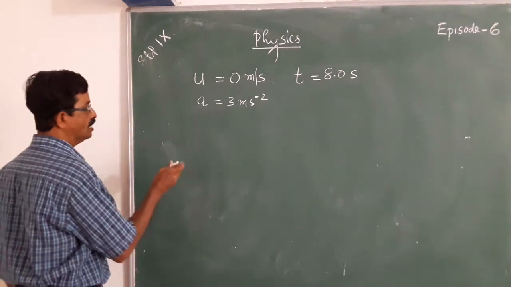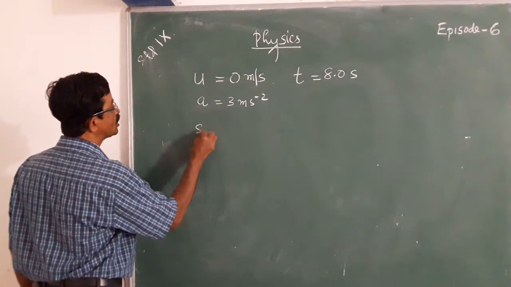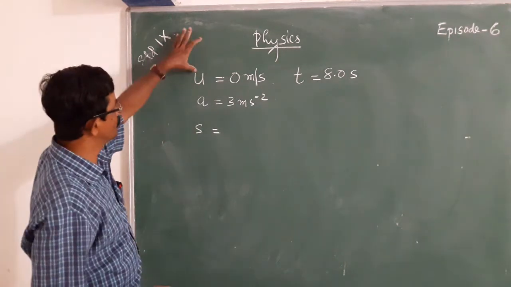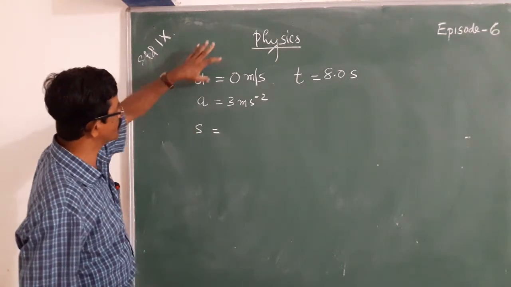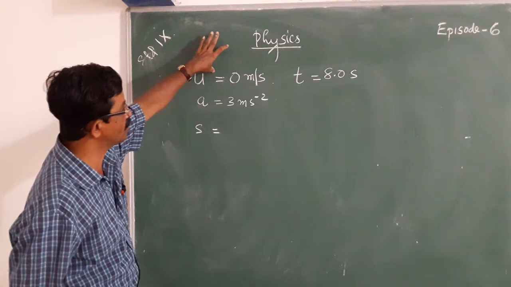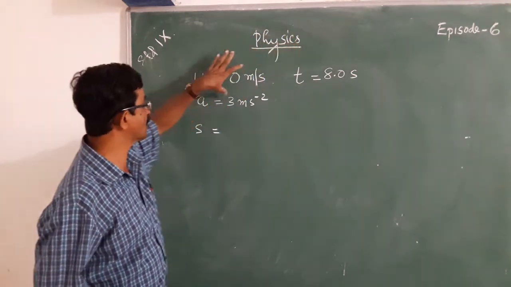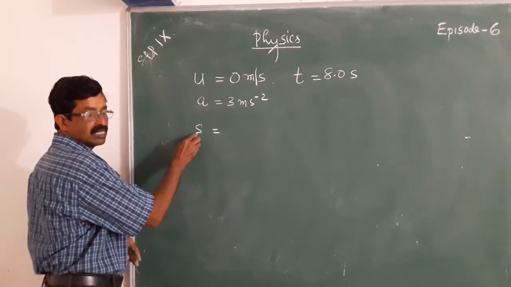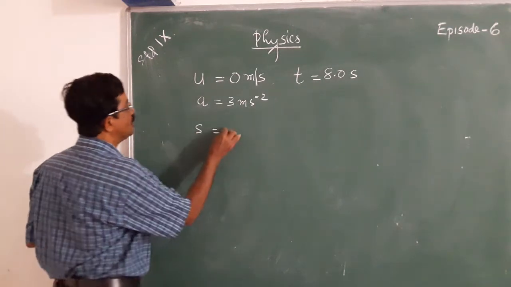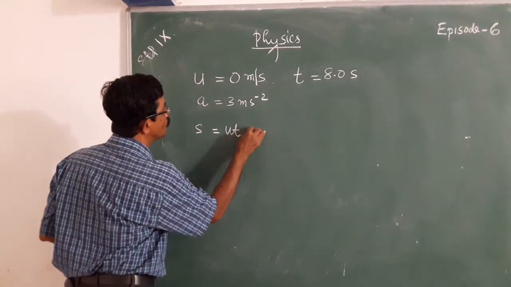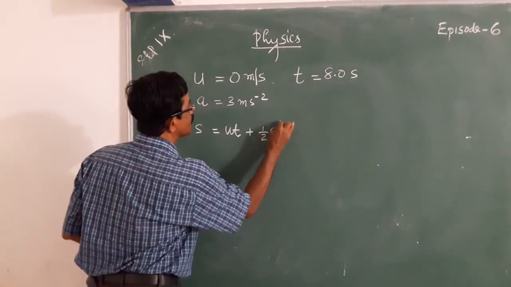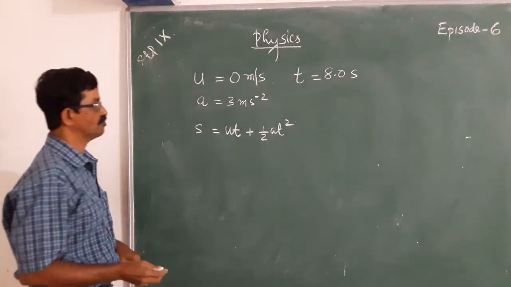To find the position, that is displacement, s, here initial velocity is given, time is given, acceleration is given, so the position-time relation s equals ut plus half a t square can be used.